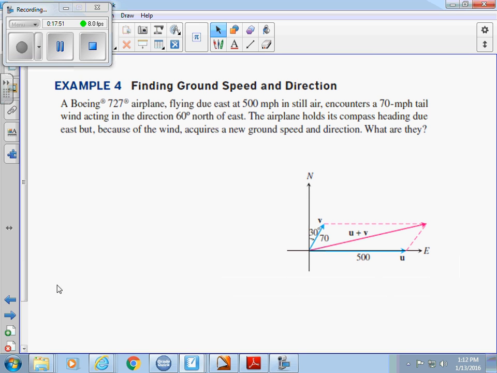Alright, so here's a problem that we can apply this. We have a Boeing 727 airplane flying due east at 500 miles an hour.